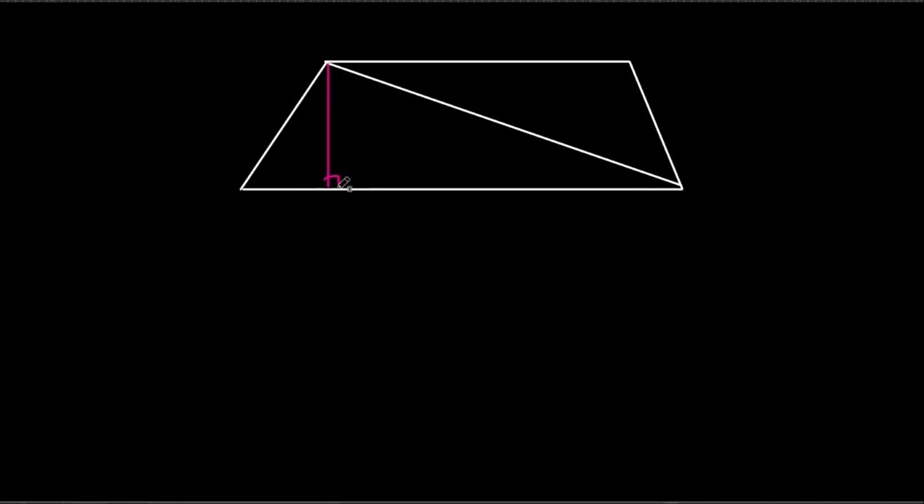Or you could extend this out a little bit and take this up to here. Everybody see that? If I extended this side out a little bit and went perpendicular to this side, that would be the exact same thing as this pink one. Just not going to do them both. I'll just do one. So what are we going to call this one? This is the height.